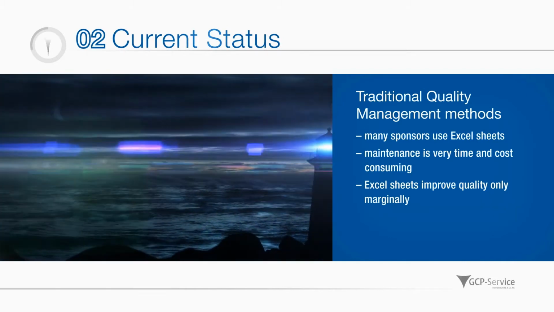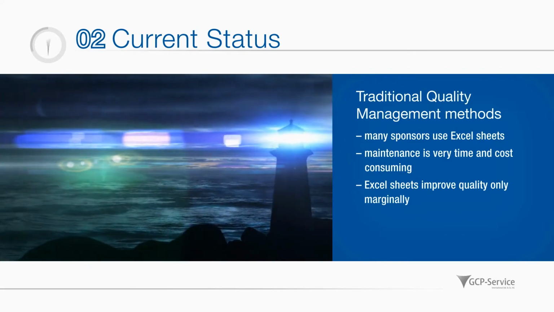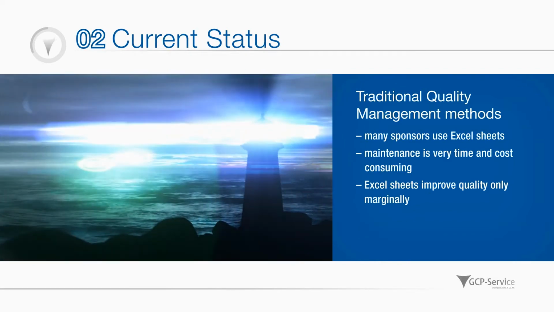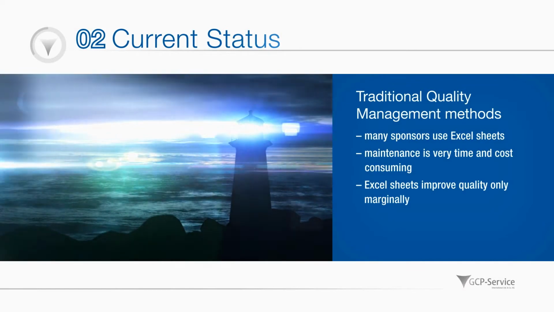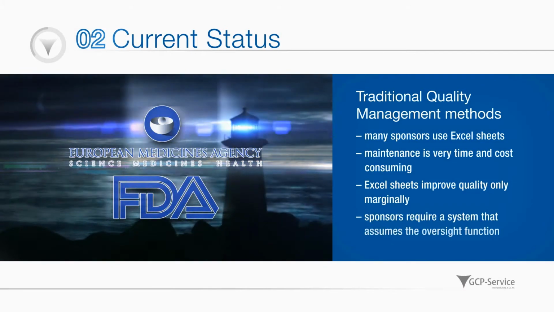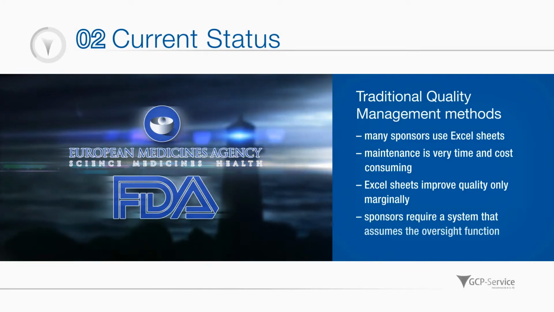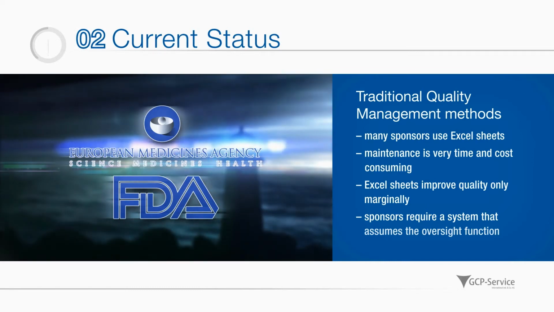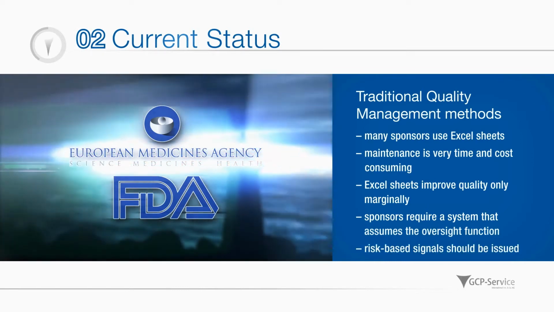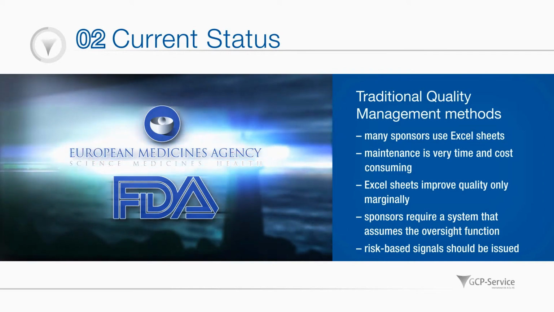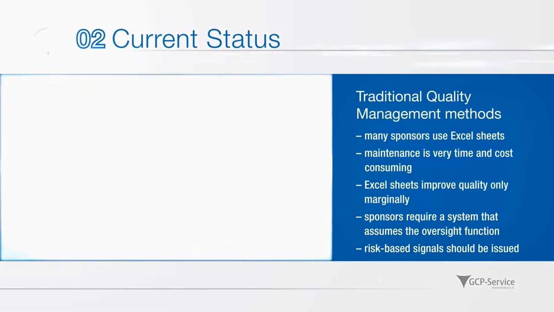According to EMA and FDA, the complexity and size of clinical studies are increasing continuously. So as to avoid similar increases in manpower and costs, sponsors require a system that assumes the oversight function normally carried out by project managers. The system should work similarly to a lighthouse in that it issues risk-based signals to the user.